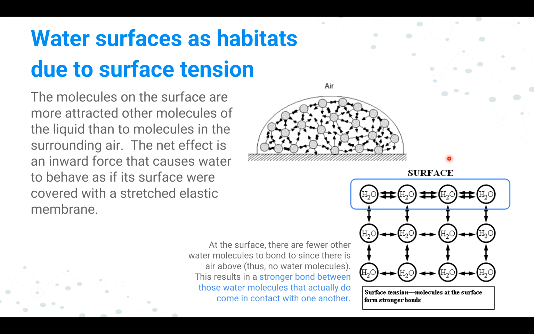So in this diagram you can see the water molecules on the top have more connection, more stability, they are slightly stronger because they have to maintain the boundary, and the surface tension is also maintained by this phenomenon and makes the layer slightly elastic, right?